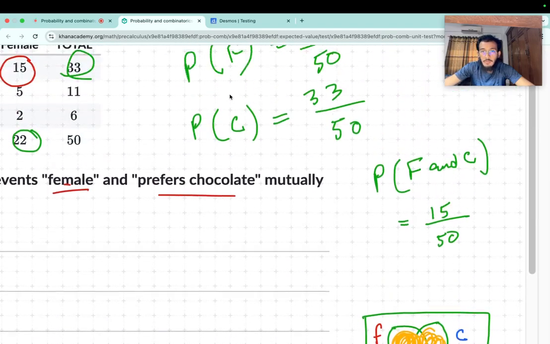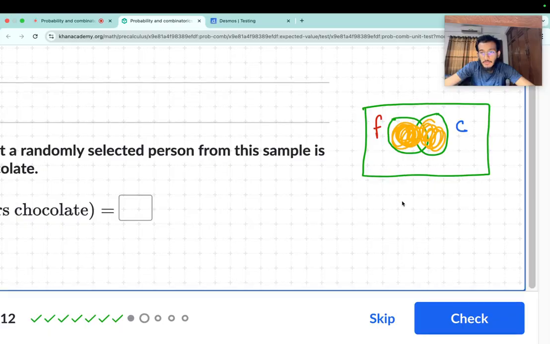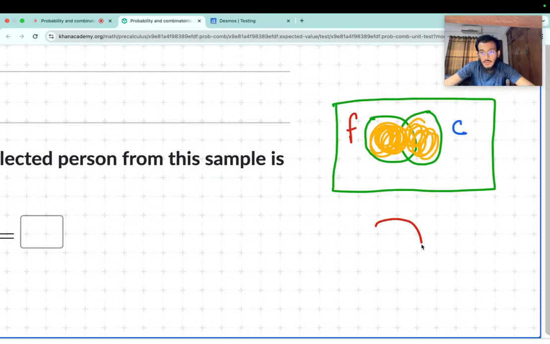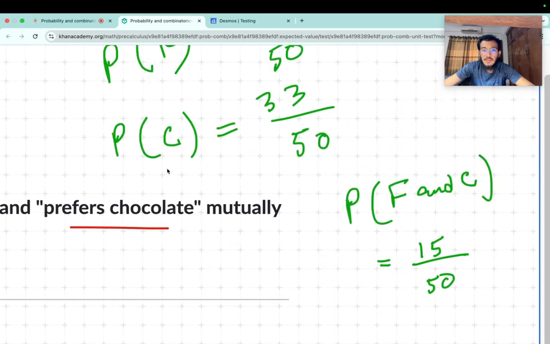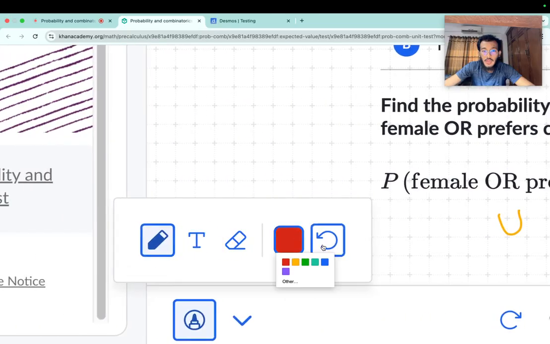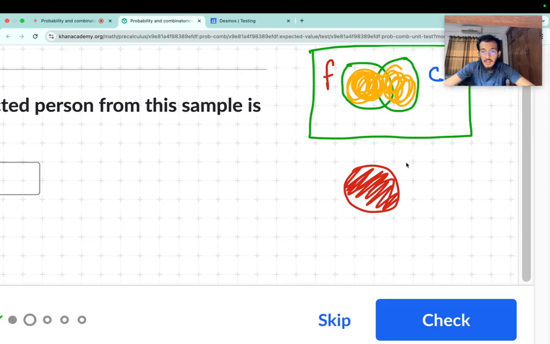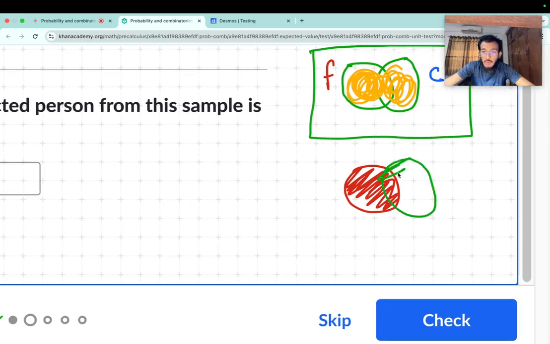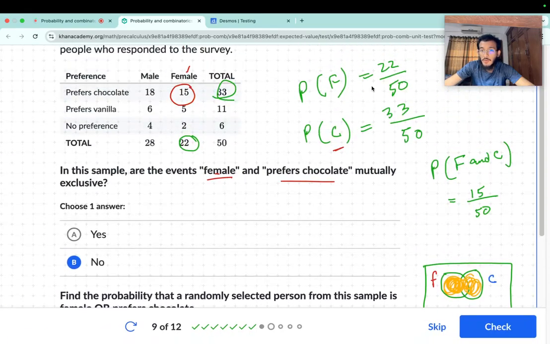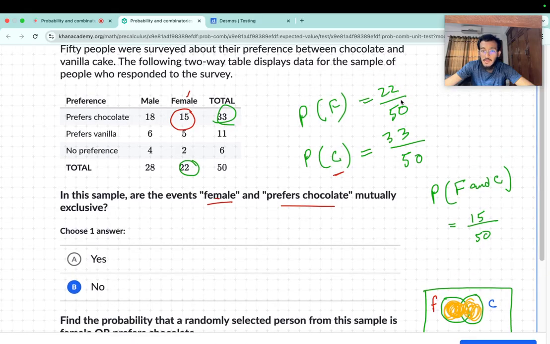If you find the probability of female, you end up calculating this portion. Then when you calculate chocolate independently, you have an overlap. You calculate this portion twice. That's why you have to subtract one of that value from the summation of these two values.